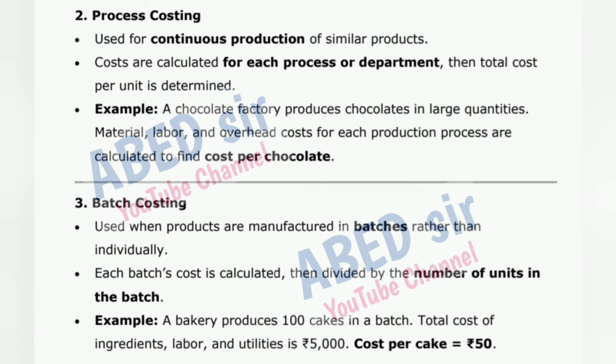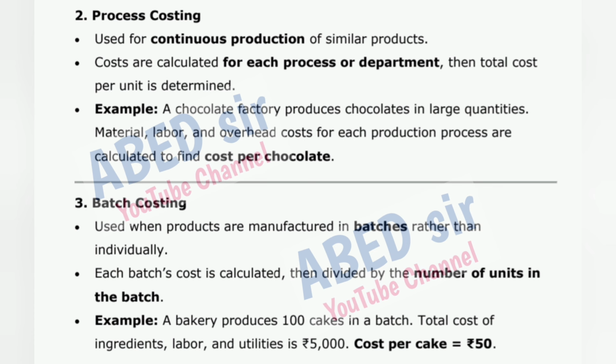3. Batch costing. Used when products are manufactured in batches rather than individually. Each batch's cost is calculated, then divided by the number of units in the batch. Example, a bakery produces 100 cakes in a batch. Total cost of ingredients, labor, and utilities is 5,000 rupees.